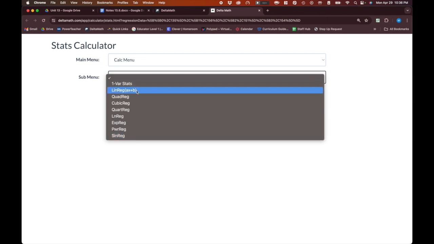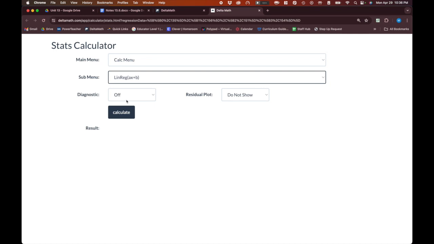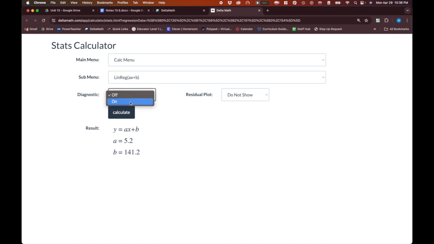No, we're only doing the line one here. And here we go. When I calculate this, it gives me those values. I got my A is 5.2, B is 141.2. And this diagnostic, if I turn that on, is where I'm going to get my R and R squared values that we saw on our calculator.